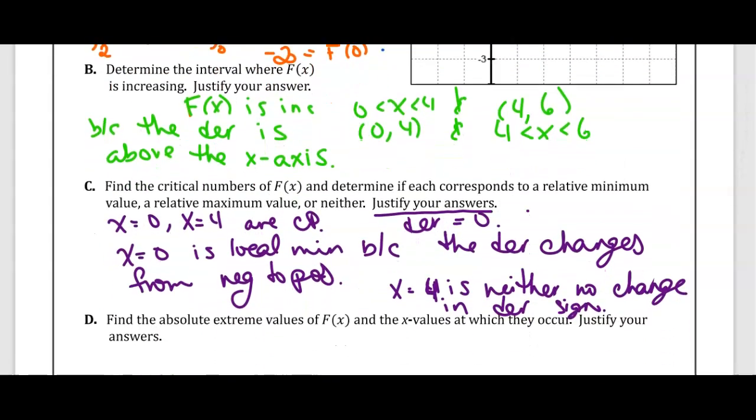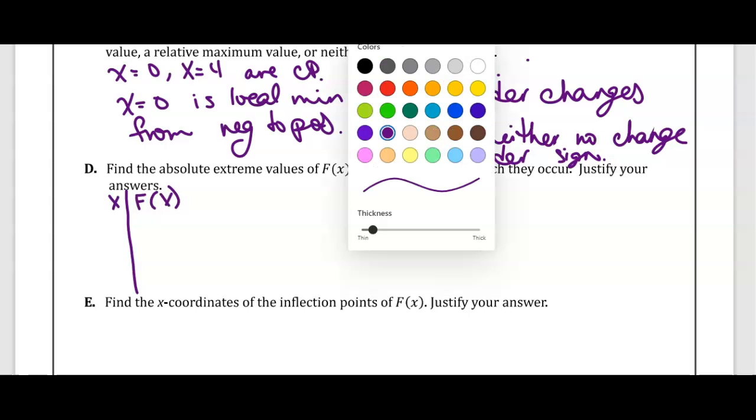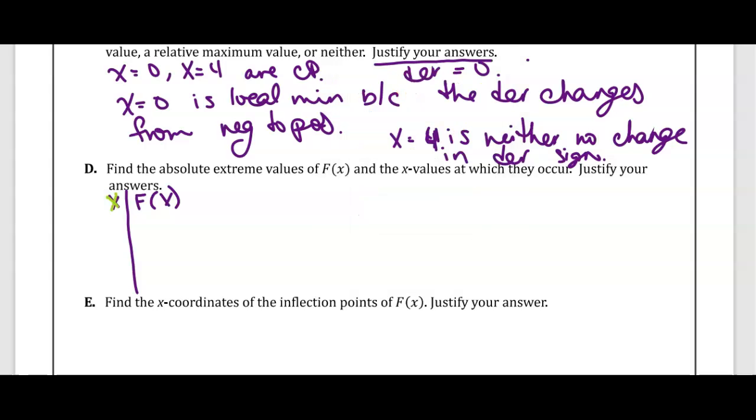Now, when we do this, extremas means endpoints as well. So we're going to make a table. I want another color, so this is all color coded. I need to do the endpoints and my 2 critical points.